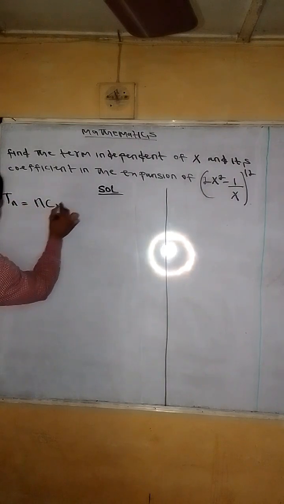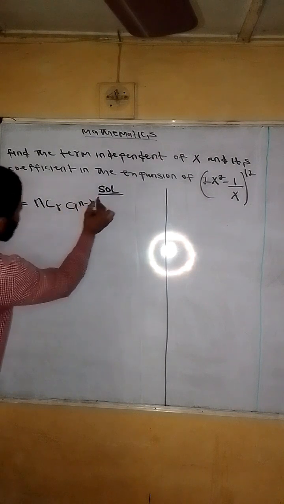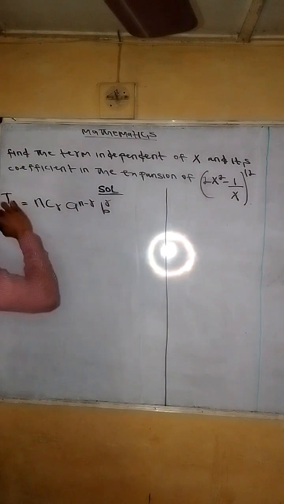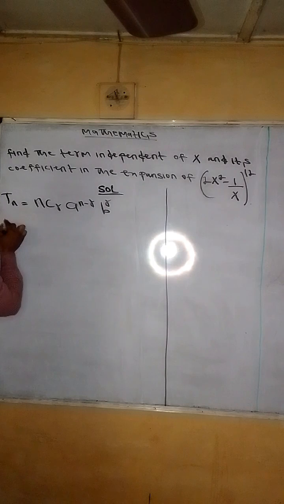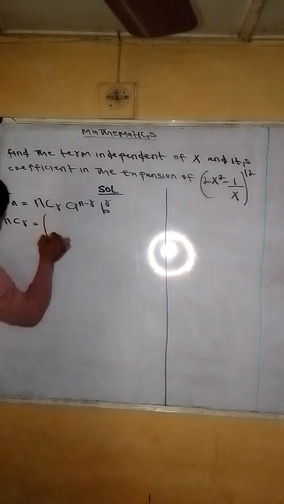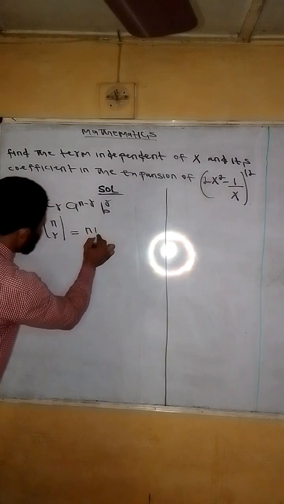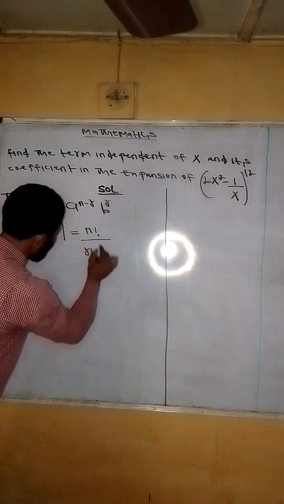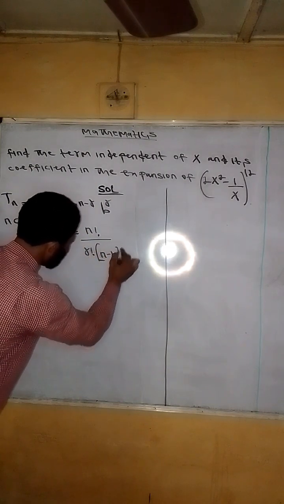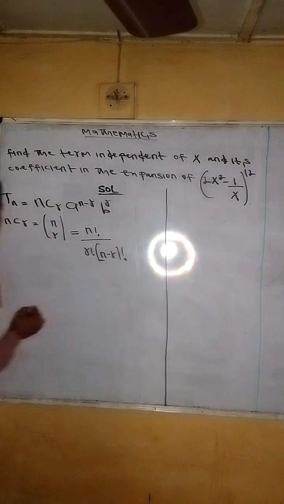T(r+1) is n combination r, a raised to the power n minus r, b raised to the power r. Please note that n combination r is written symbolically like this, and it is n factorial over r factorial times n minus r factorial.